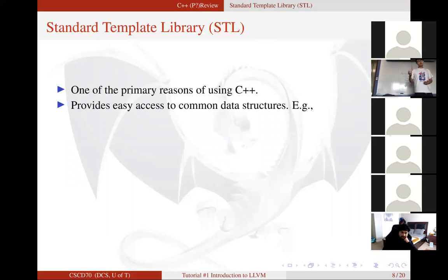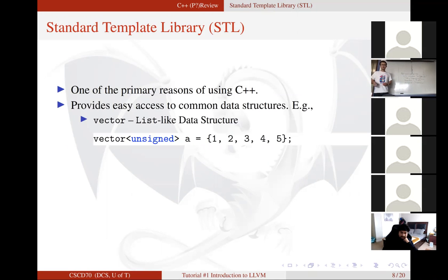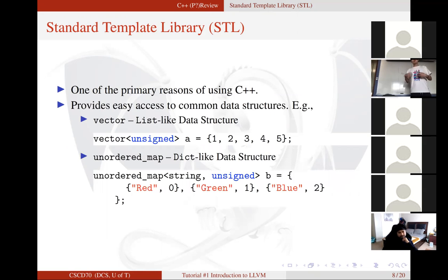The good news is that C++ has the standard template library that provides very easy access to the common data structures, such as a vector, which is a Python list-like data structure, or an ordered map, which is a Python dictionary-like data structure.